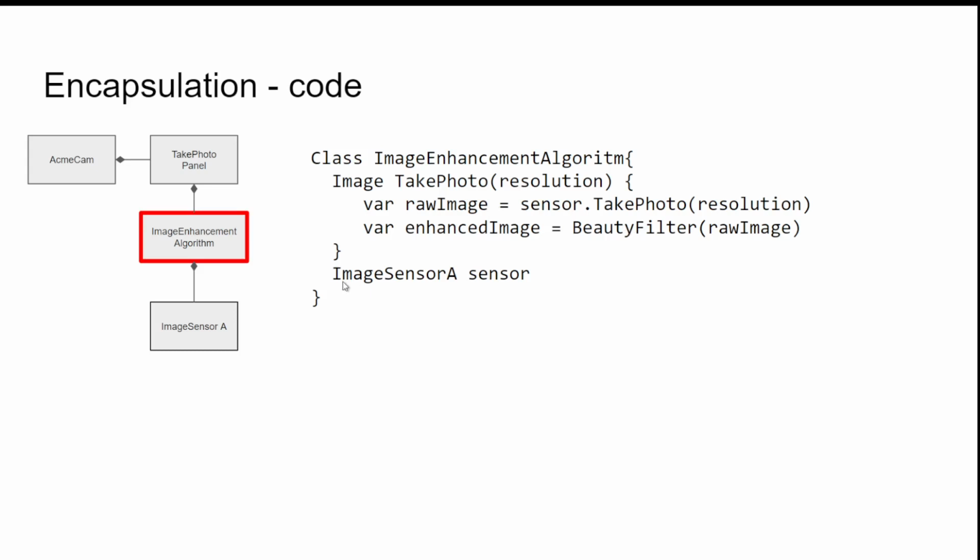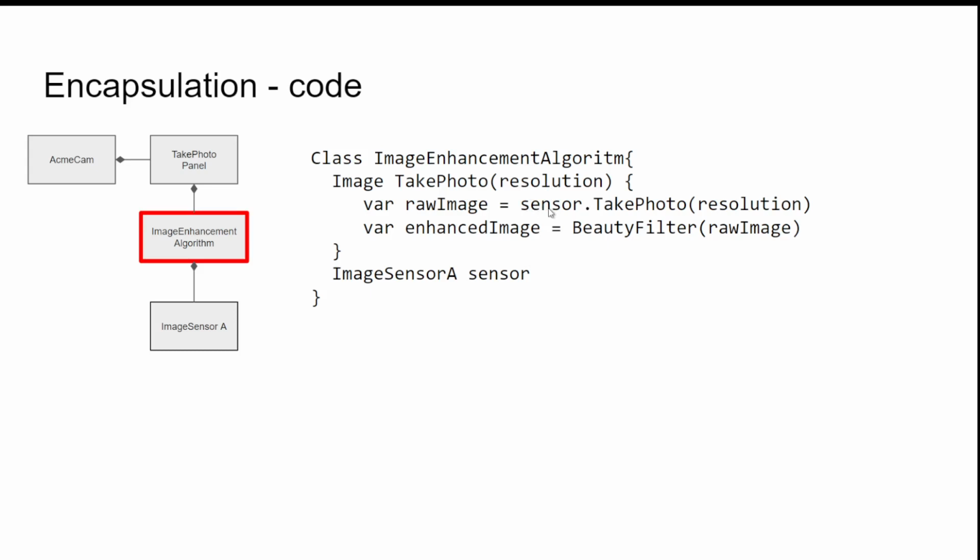So basically it means that the image enhancement algorithm really contains the sensor. When the image enhancement algorithm is created, it is creating the image sensor with it. And because it is inside, it is able to use and call the sensor functionality, of course here the take photo functionality.